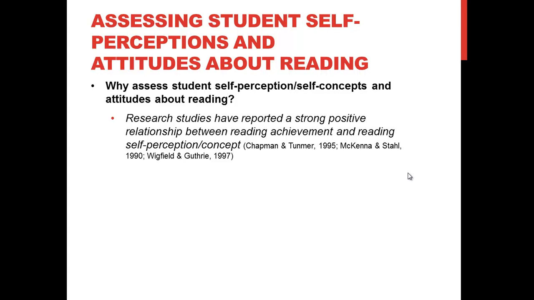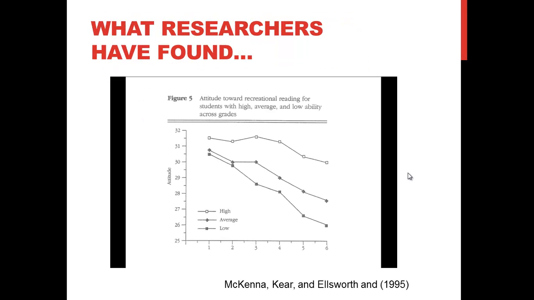So what we know, based on some of the research that's out there, is that when students perceive themselves as greater or better readers, as well as have a better attitude towards reading, particularly recreational reading, they tend to maintain that success and continue to read over time, read more than perhaps those children who initially had lower attitudes or self-perceptions towards reading.